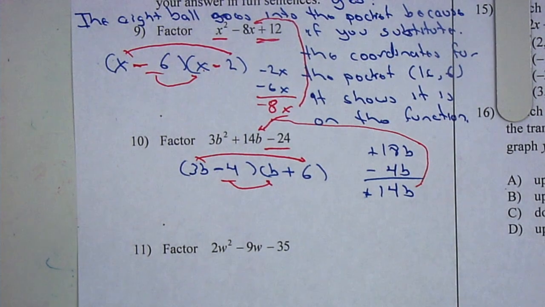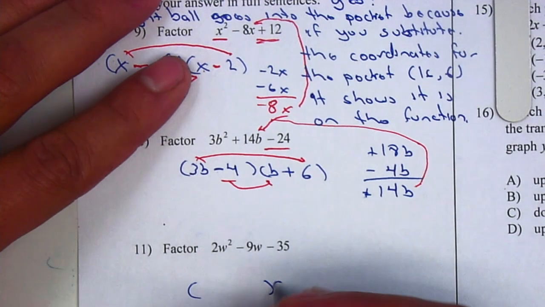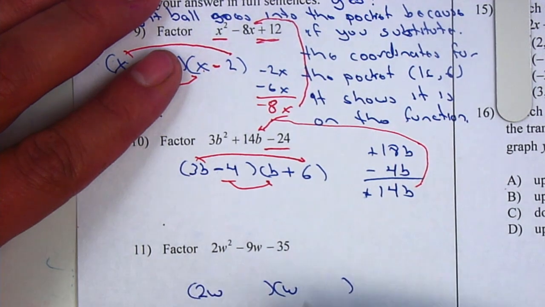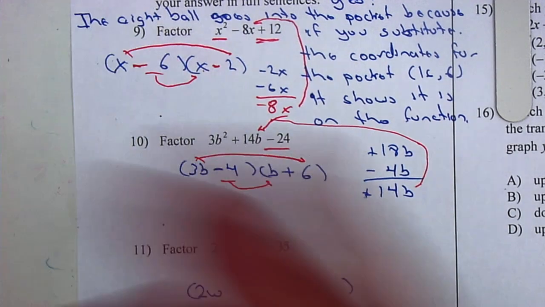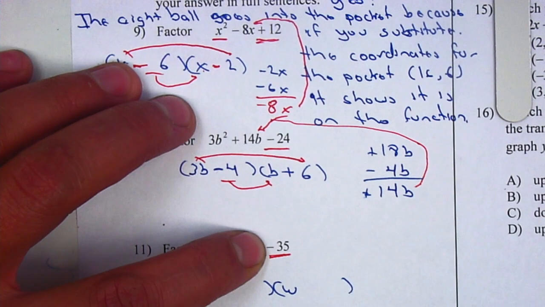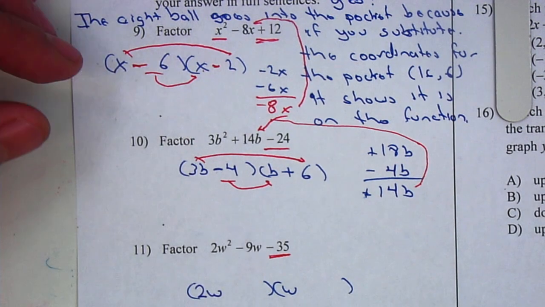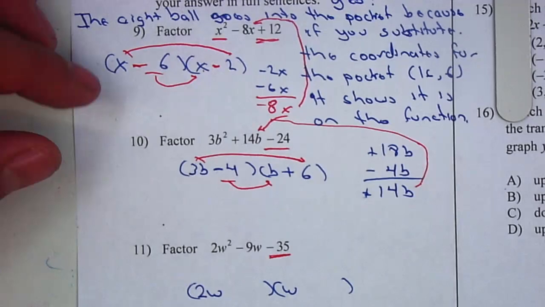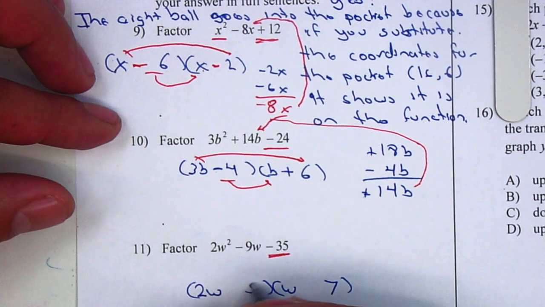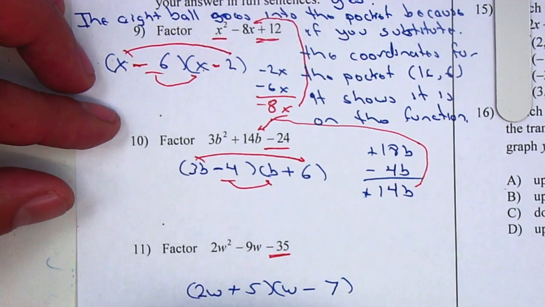Number 11, double parenthesis. Factors of 2w squared are 2w and w. Factors of negative 35. Remember, if it's negative, that means that one of them has to be negative, the other one has to be positive. I'm going to use 7 and 5. I'm going to use my 7 in here because that'll give me 14, my 5 in here, negative and positive.